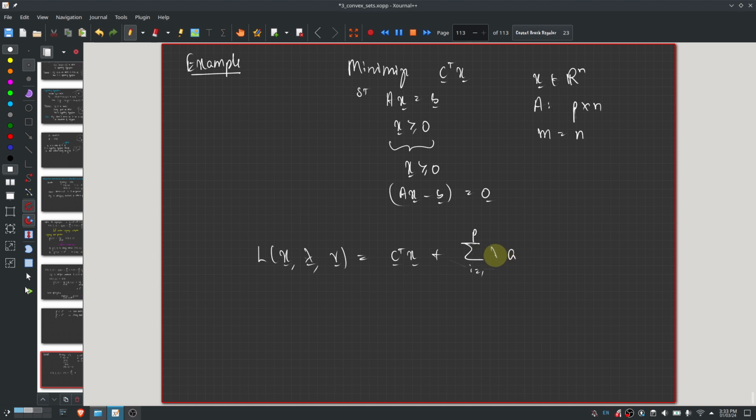So each of these would be nu i times a_i x minus b_i, where this a_i would be the ith row of the matrix A.